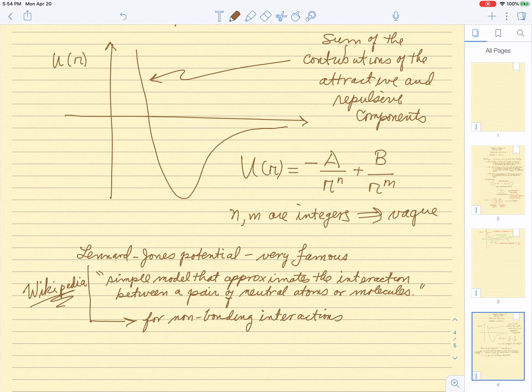And as you're going to see when we talk about ionic bonding, the same kind of form of this potential energy is maintained. So it's a very prolific model when looking at the interaction between objects.